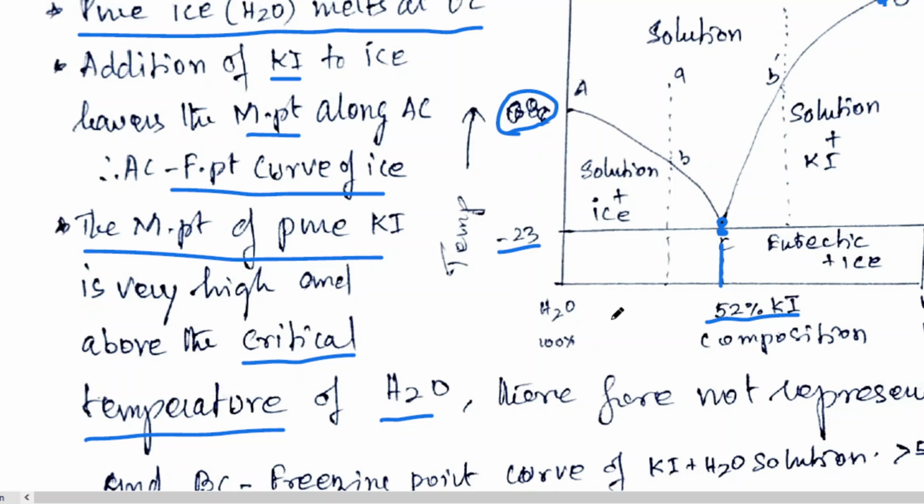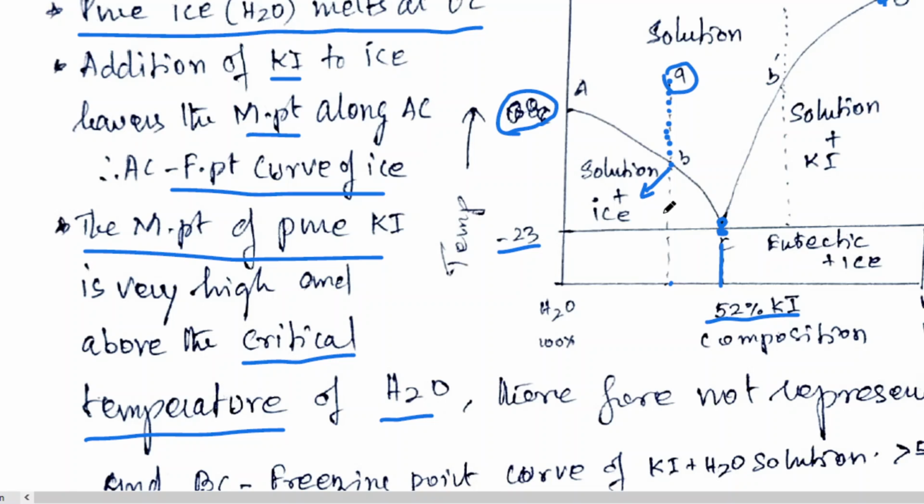The similar thing happens there. We have seen desilverization. If you take point A here and take this composition, maybe 40% of KI, 60% of water, and I am heating that up to this temperature and cooling, when this temperature reaches, what will crystallize out?